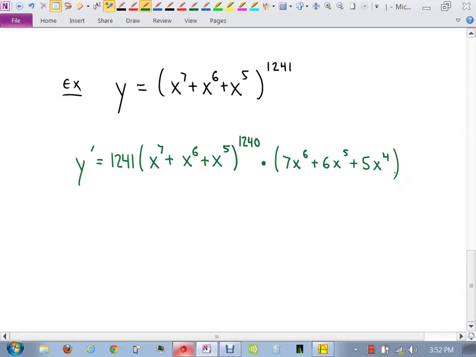All right, what I'd like to do now is give you some problems to work on your own to see how this chain rule is working out in your brain.